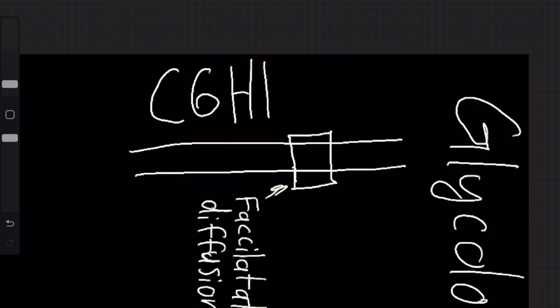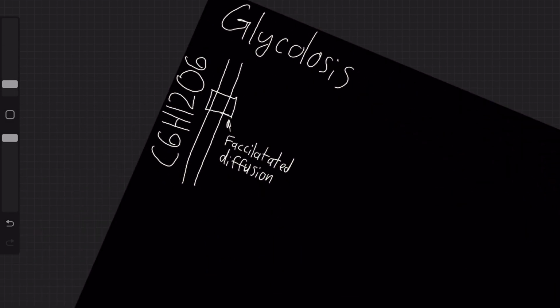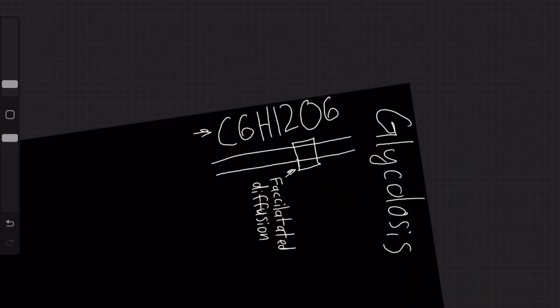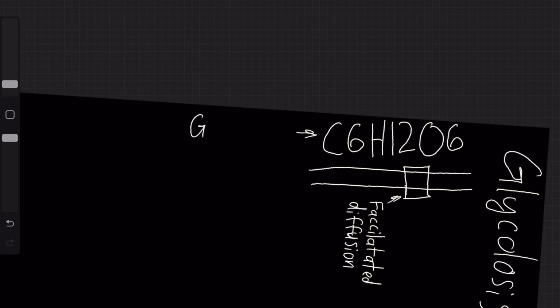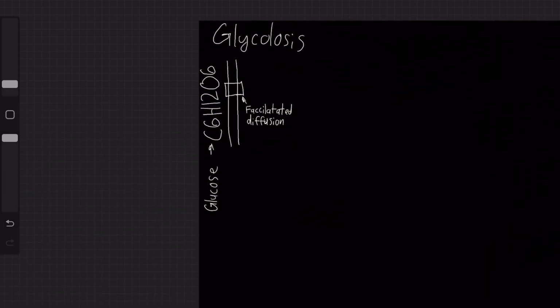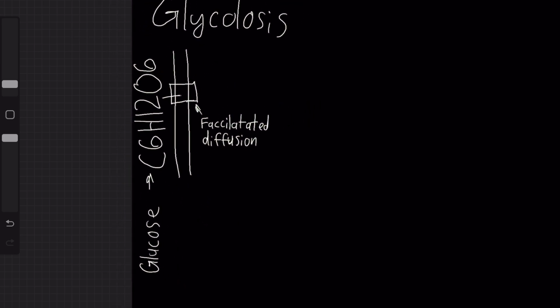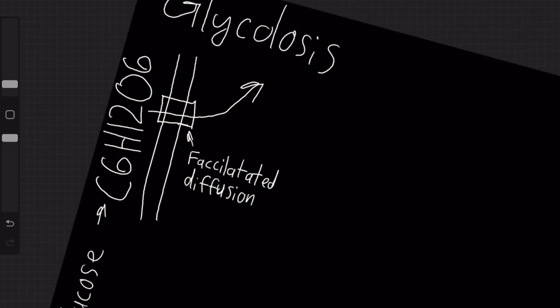And you have your glucose molecule, which is C6H12O6. I'm going to write this as glucose because this is basically glucose. All right, so your glucose molecule will come inside the cytoplasm.